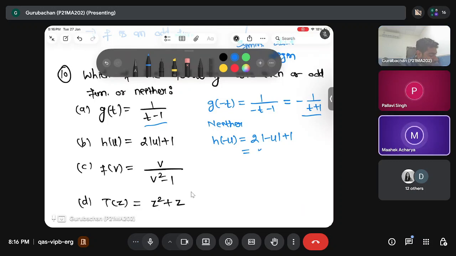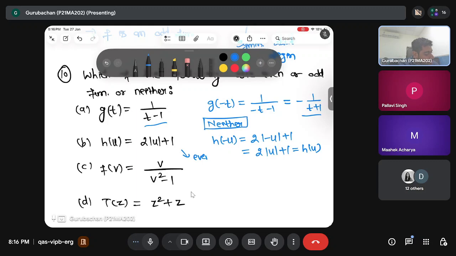Mod 2, minus 2 or plus 2, it will remain the same. Yeah, it will remain this. So h of u. Yes. Sorry, my mistake. So it is an even function. Yes, got it. Even function, don't consider it as a number.